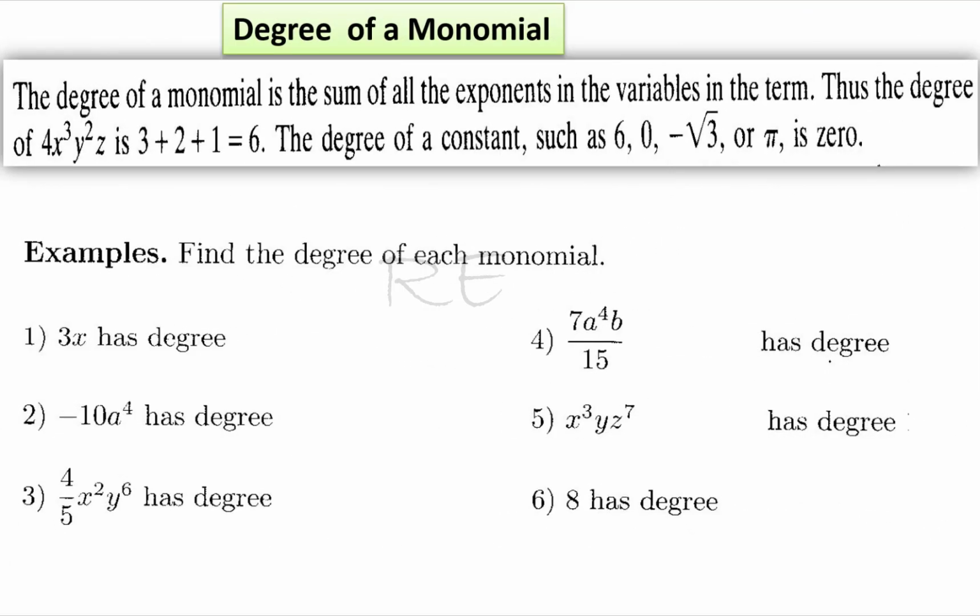The degree of a monomial is the sum of all the exponents of the variables in the term. 3x, which is 3x to the 1st, has a degree of 1.